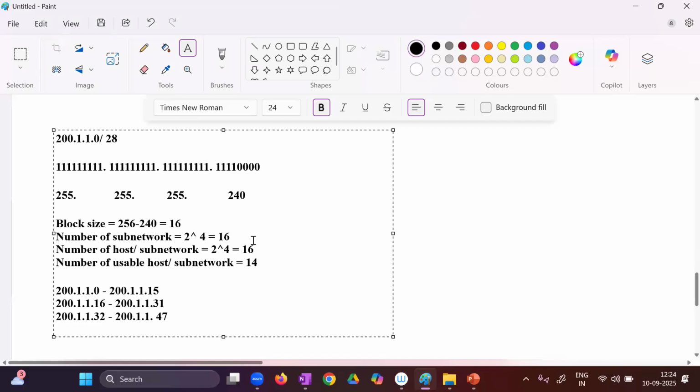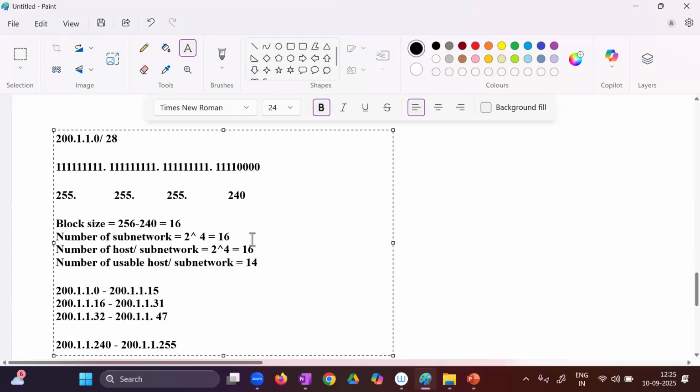Okay, you have to keep on writing till what? 255. But no need to write everything, just write the last one. So at last we will get 200.1.1.240 and this side 200.1.1.255.